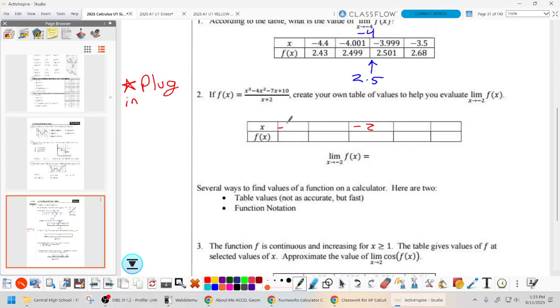Minus 2.05. Yeah. Okay. And we always get closer. And then we'll go -2 point what? Let's get a little closer maybe. 0, 0, 1. Sure. Okay. And then how about coming on the other side? What do we want? Probably -1.99.